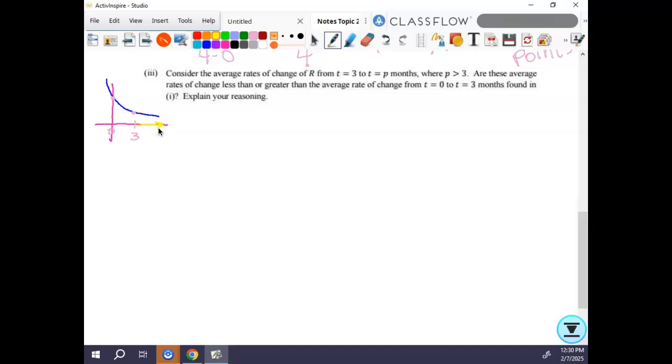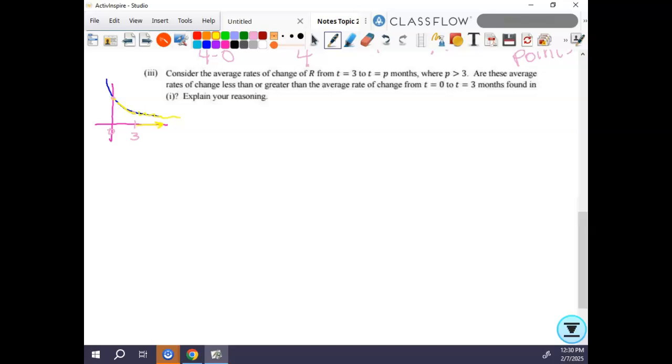So it's saying basically past that point. And I want to know, are they greater than or less than the ones from 0 to 3? Well, we found one of them from 0 to 3, right? But if I went from 0 to 2 or 1 to 2, any rate of change I find from here to here, how does it compare to the average rates of change I find later? That's what it's asking.